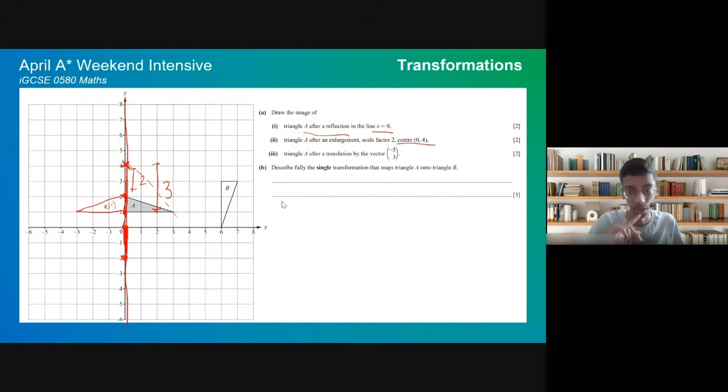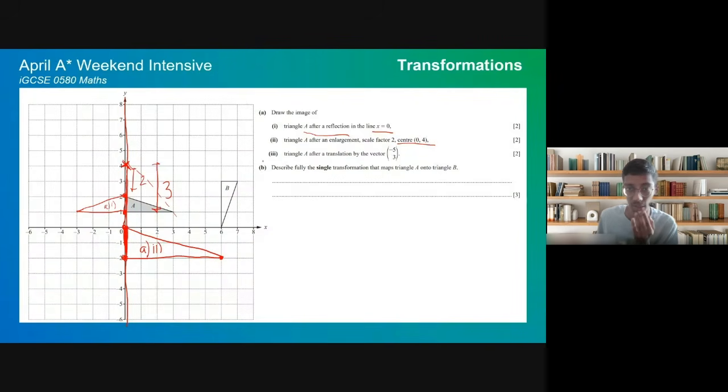The original triangle has a bottom base of 3 units. So what would be the base of the new triangle? 6. So (6, 2), yep, that would be the coordinates, because (6, 2) is over here. And yes, that means we have a base length of 6 units. And then we can just connect the 3 points. And then this is I, just to be clear.